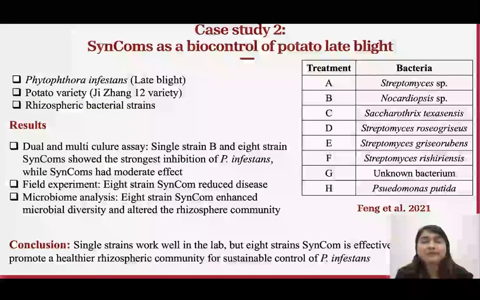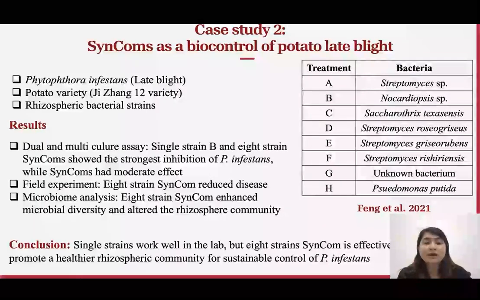This is the second case study, done by Feng and colleagues, asking the question: can a synthetic consortium of beneficial rhizosphere bacteria protect potatoes in the field more effectively than a single strain? The pathogen is Phytophthora infestans, which causes the devastating disease called late blight.